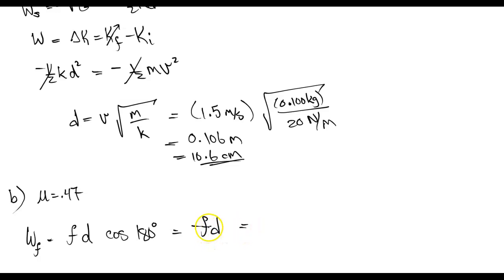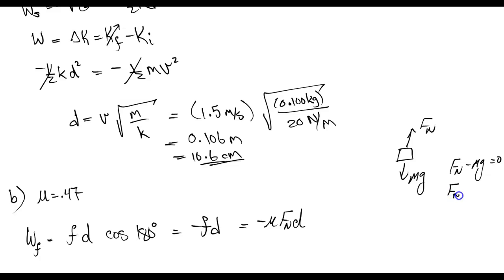and if we remember what f is, this is going to be minus mu times the normal force times d. And if we consider the glider, there's only two forces acting on it, the normal force upward and the weight downward. So Fn minus mg has to equal 0. Fn equals mg.